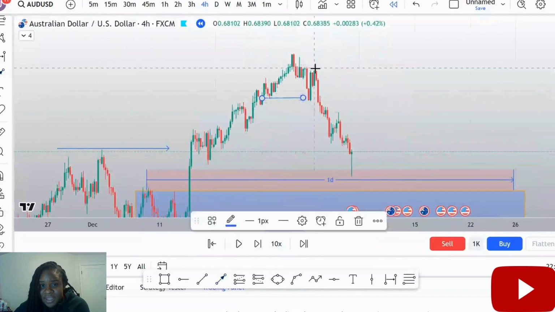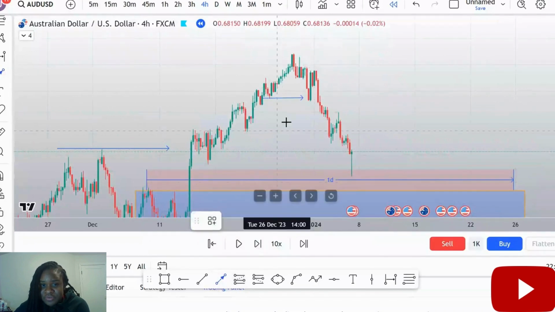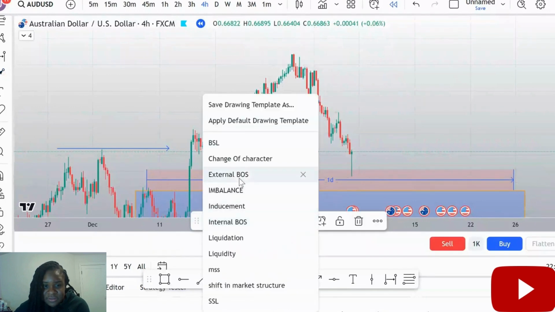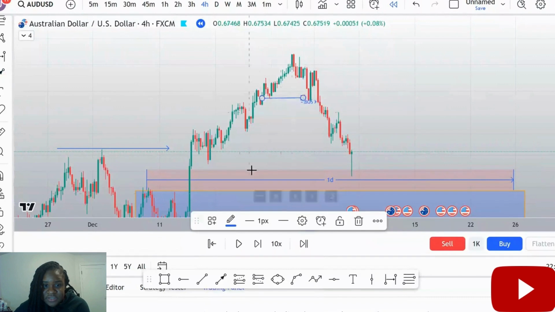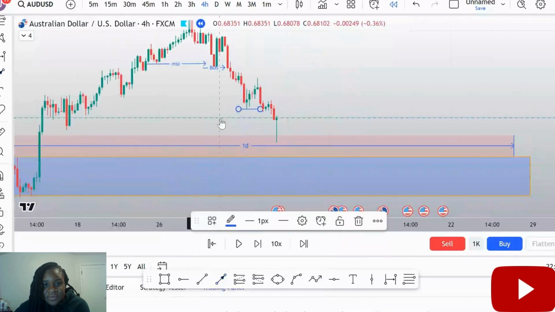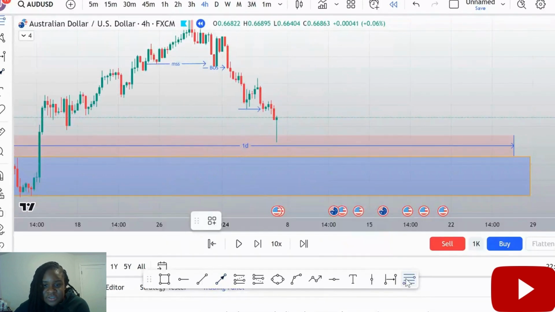Market retraced back and formed a break of structure here, let me label it. Here is a shift in market structure, and you can also see here that is also a shift in market structure on 4 hours.